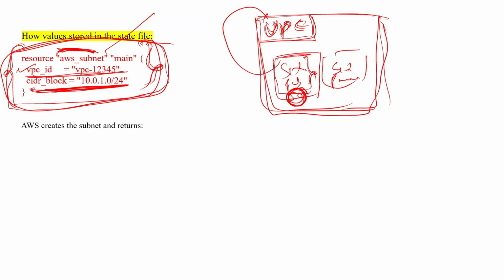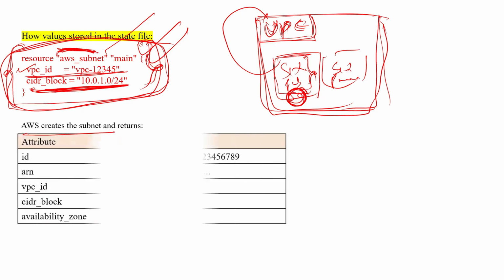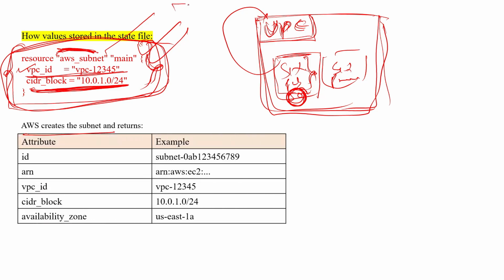So what information will be returned by AWS once your subnet is created? That corresponding information will be stored in the Terraform state file. Once your subnet is created, AWS will return the ID. This will be a unique ID assigned to your subnet once created.